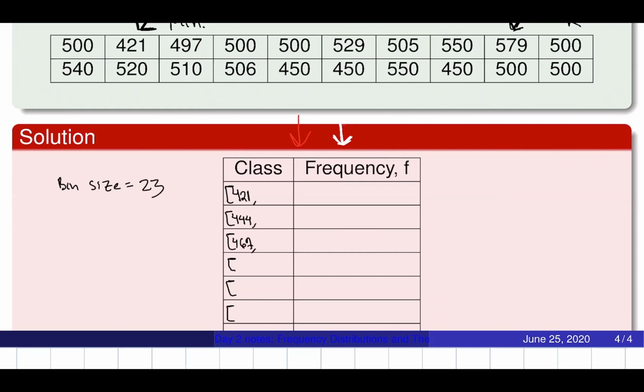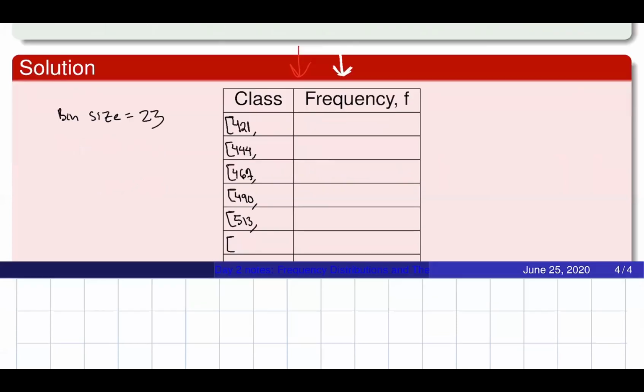Once again, you add 23 to it. 467 plus 23 gives you 490. Then 490 plus 23 gives you 513.